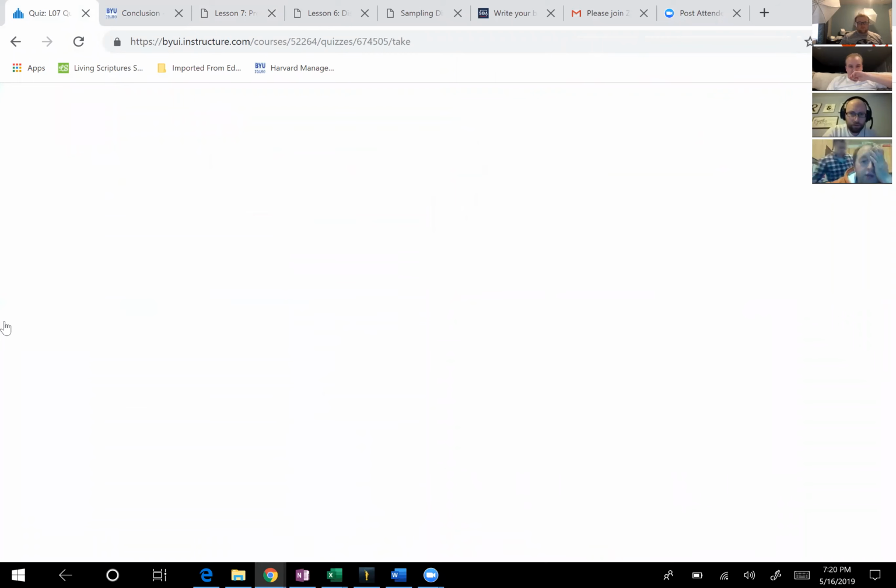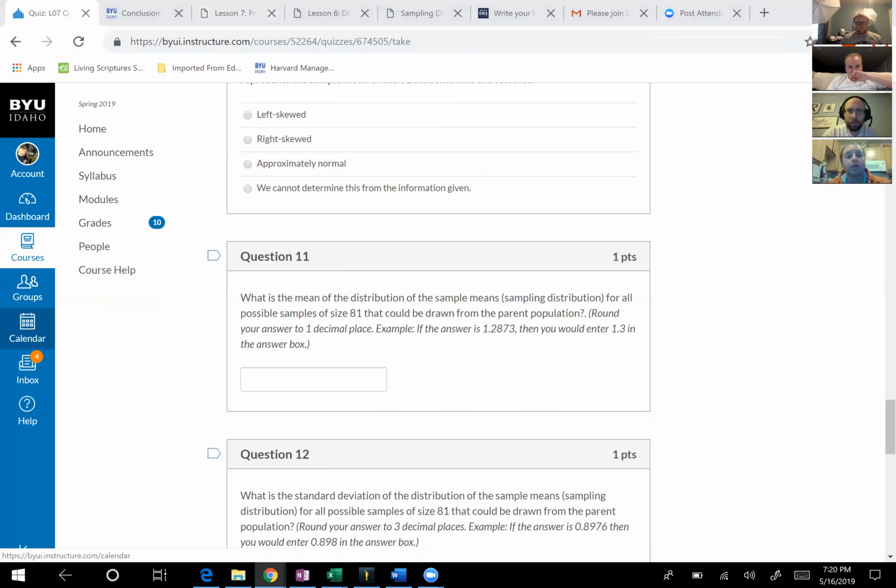And what is the standard deviation of the distribution of the sample means for all possible samples of size 81 that can be drawn from the parent population? So 9 divided by 9, whatever it is. Sorry, what question are we on again? 12. 12, okay.